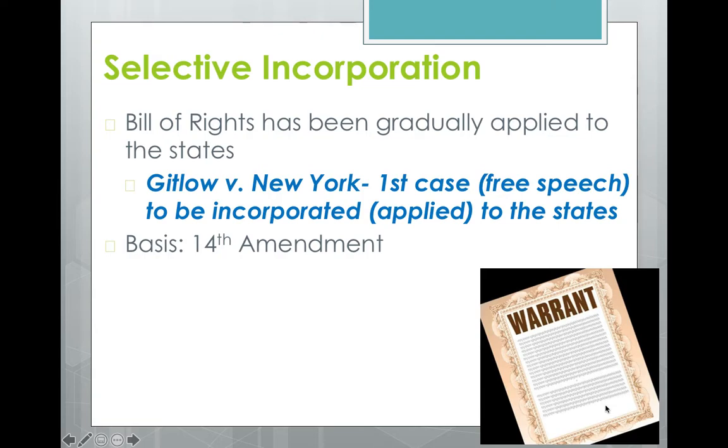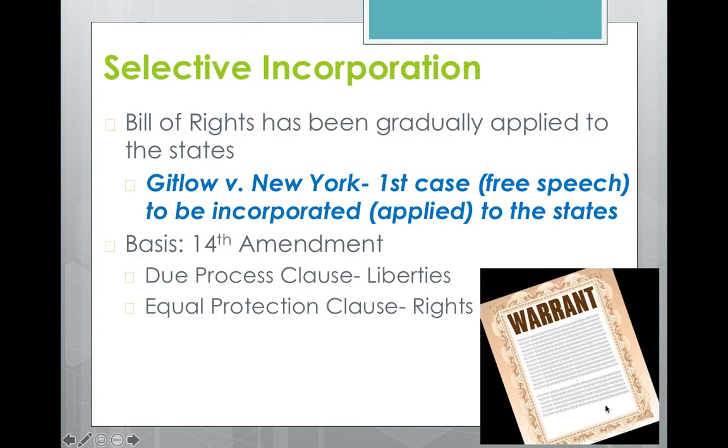The 14th Amendment really changed things when it came to the states. After the Civil War, the federal government became more encroaching on the states. The due process clause gives a freedom or liberties, so to speak.